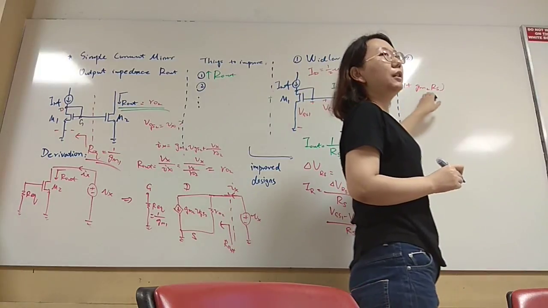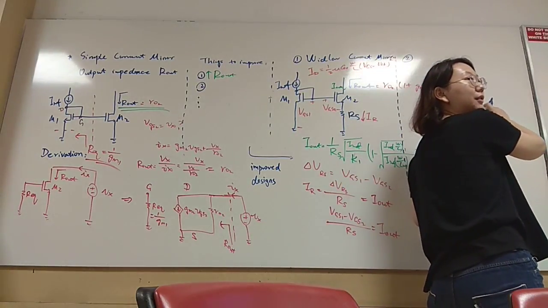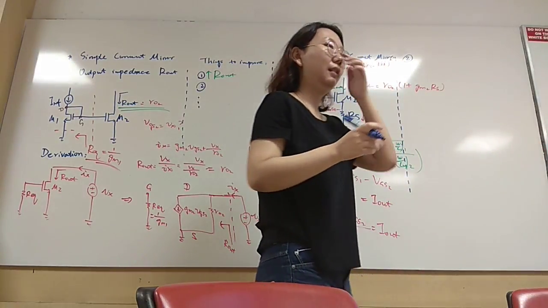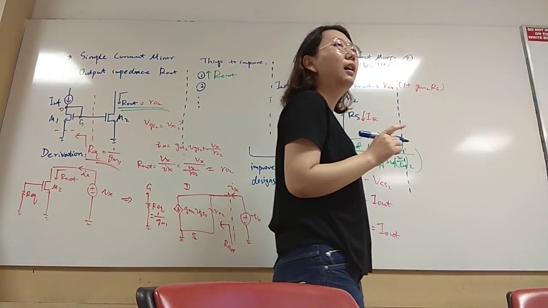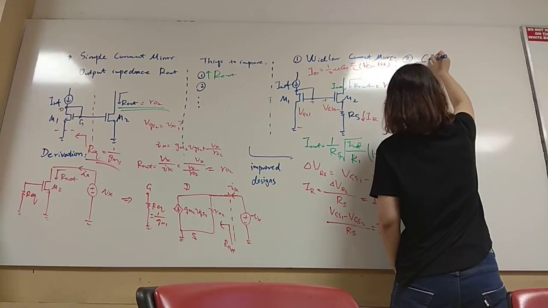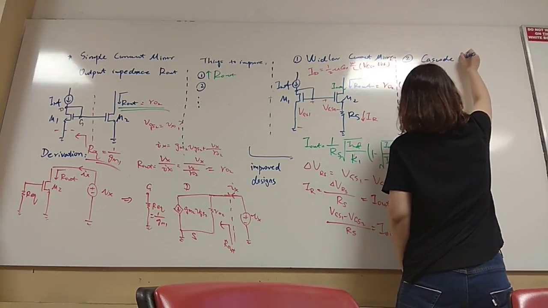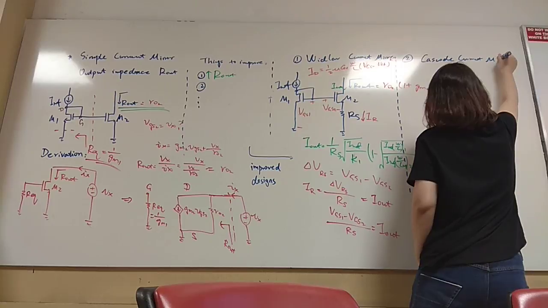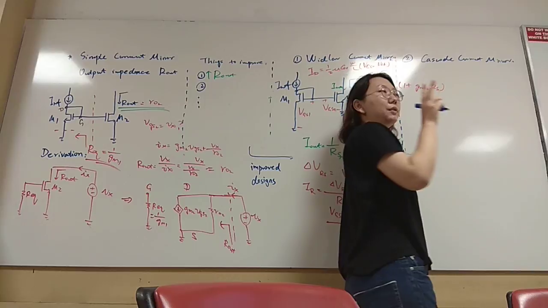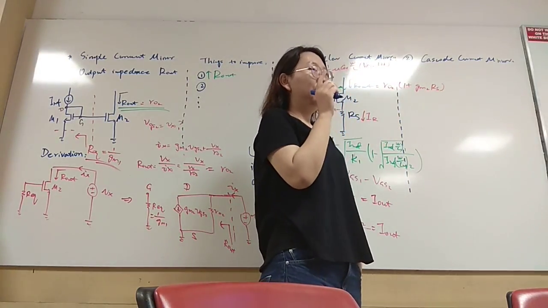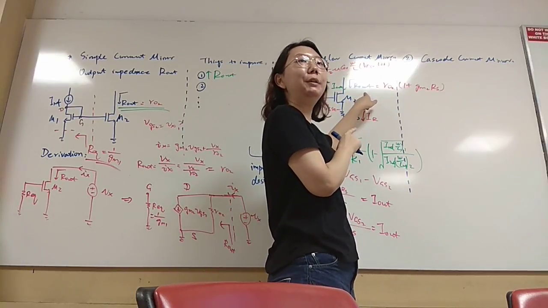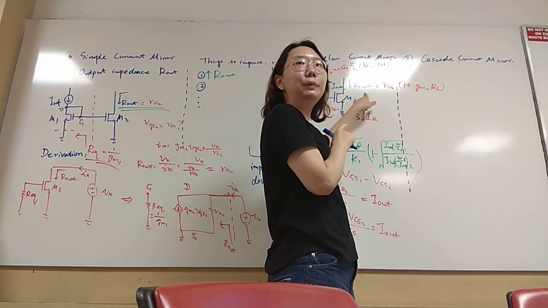So in order to further increase my output impedance, they introduced another structure which is called cascode. Cascode current mirror got two benefits. It improved the output resistance of the original Widlar current mirror, and it improves the matching.